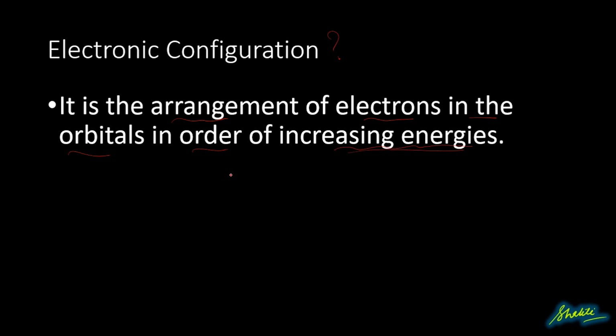So let's see how electrons are filled in different orbitals and what are the rules to follow before filling the electrons in orbitals. So let's discuss the rules in detail.